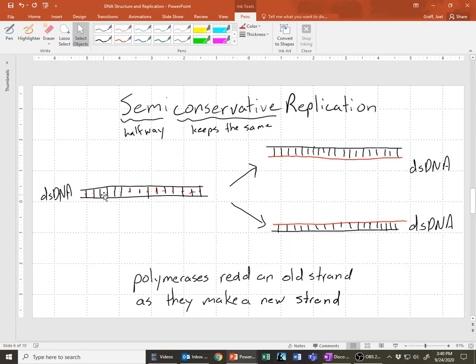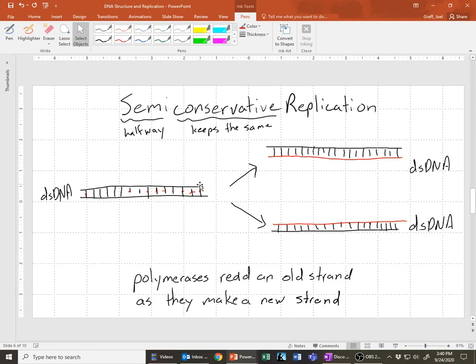The red dots here are just indicating the hydrogen bonds holding those strands together. Because the backbone and the phosphate, the sugar, and nitrogenous base are all held together with covalent bonds, and they're connected with a covalent bond to the next nucleotide that has the phosphate, the sugar, and the nitrogenous base. Those are all very strong bonds. Covalent bonds are strong. Hydrogen bonds are weaker, and so they're going to be easier to break apart.